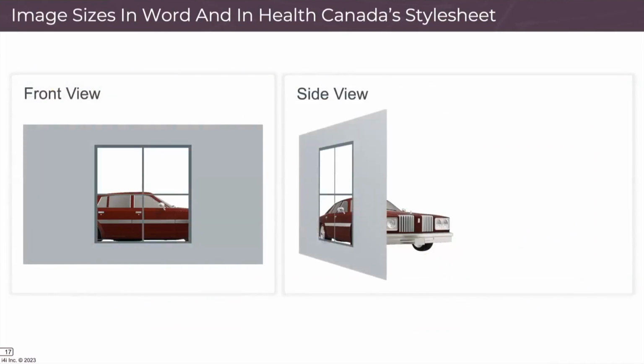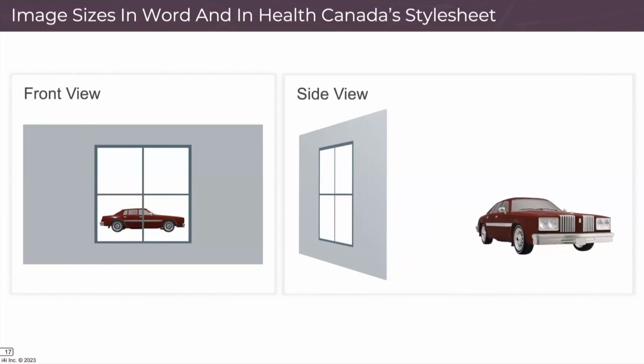To help illustrate this, imagine a car behind a wall with a window that is 1 meter wide. You would be unable to see an entire car through this window if the car was parked up close to the window.